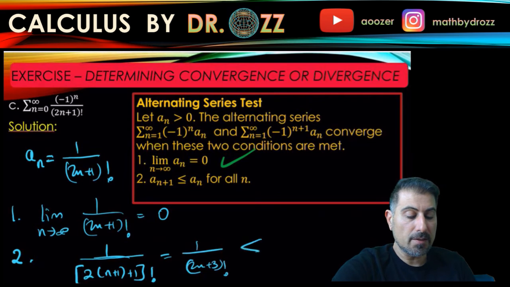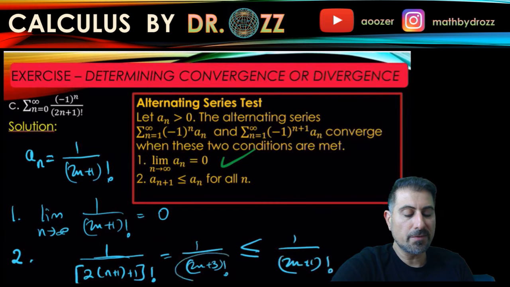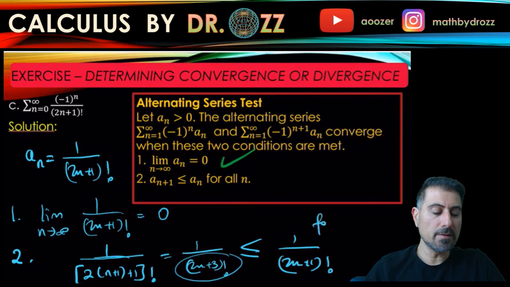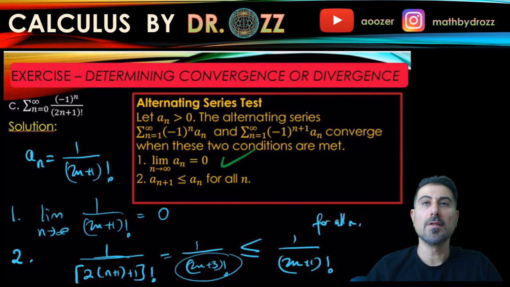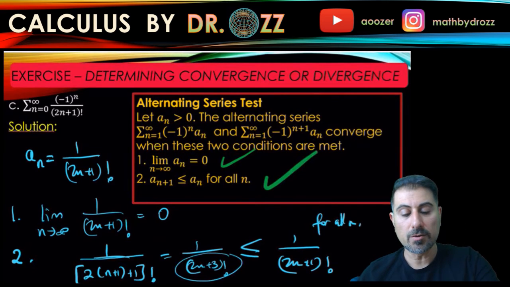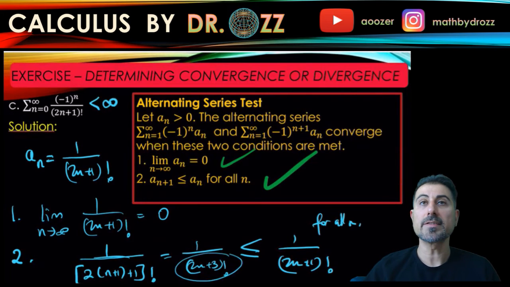That is less than or equal to, obviously, 1 over (2n plus 1) factorial, because here you're dividing by a bigger number. So this inequality is just obviously true for all n. So the second condition is all met. So then I can go back and conclude that this is a convergent infinite series.